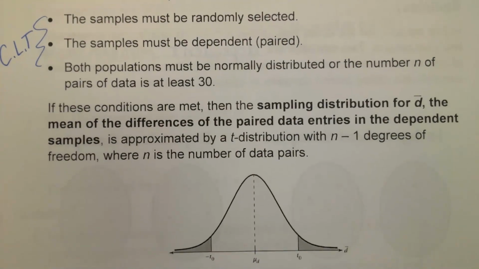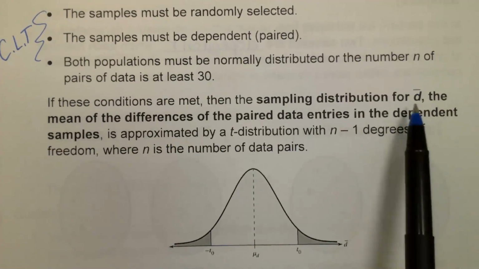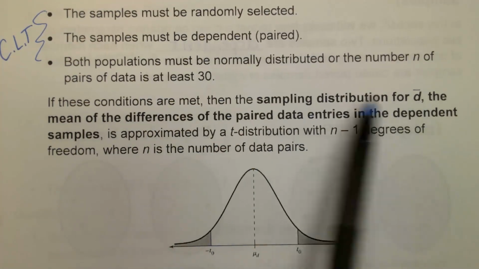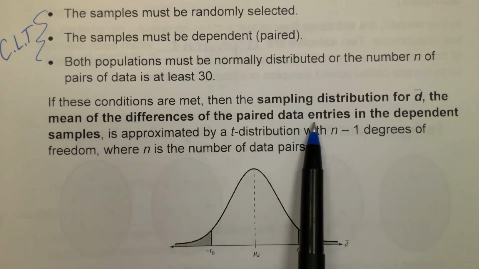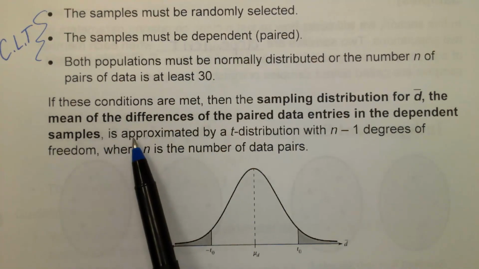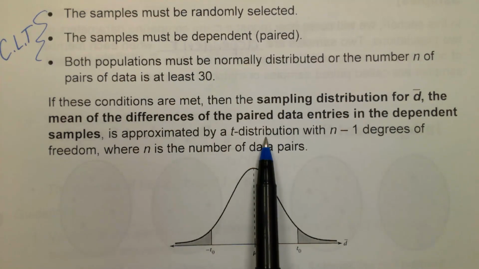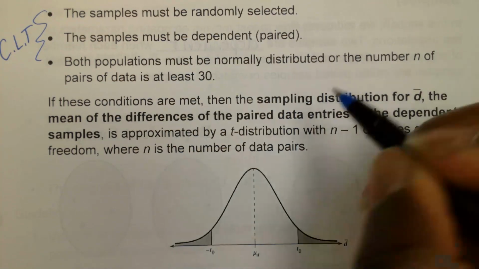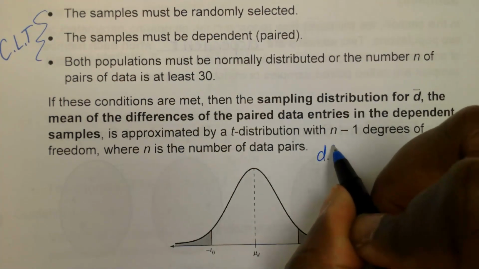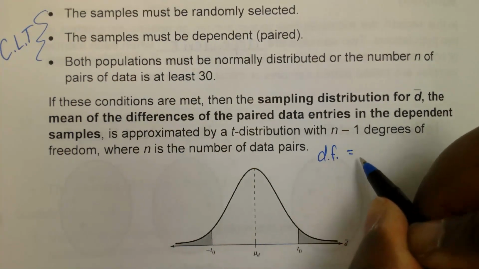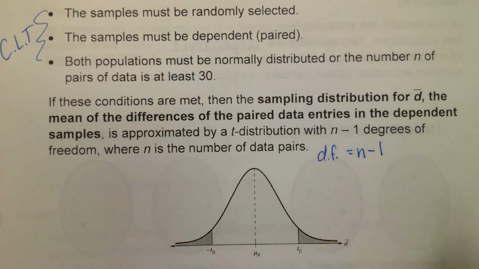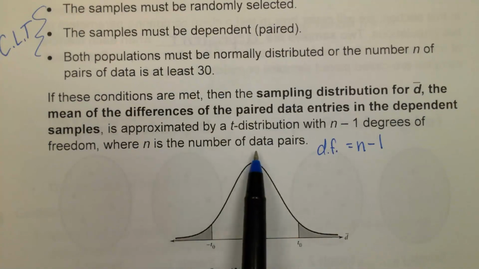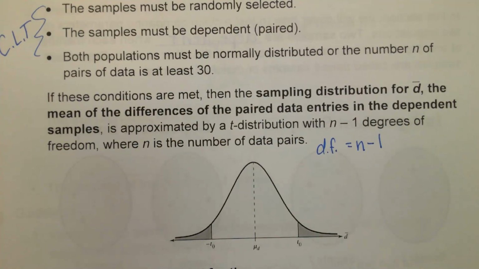So if these conditions are met, then the sampling distribution for the mean difference D bar, the mean of the differences of the paired data entries in the dependent samples, is approximated by a t distribution with n minus 1 degrees of freedom. So our degrees of freedom is n minus 1. And don't forget, n is the number of data pairs.